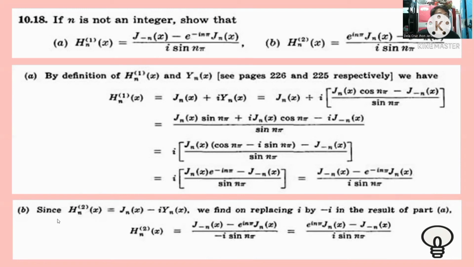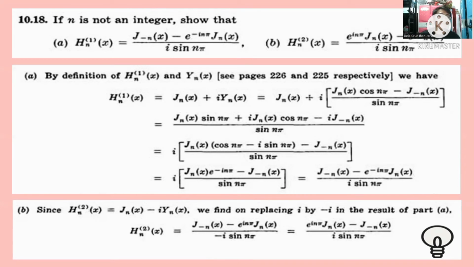Sabihin naman natin, since h sub n raised to 2 parenthesis x equals j sub n parenthesis x minus i y sub n parenthesis x, we find on replacing i by negative i in the result of part A. Ibig sabihin, yung i, papalitan natin siya ng negative i.